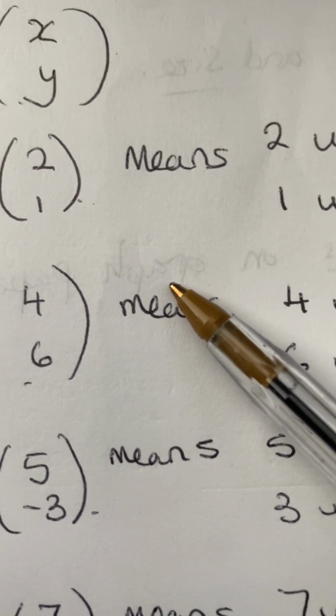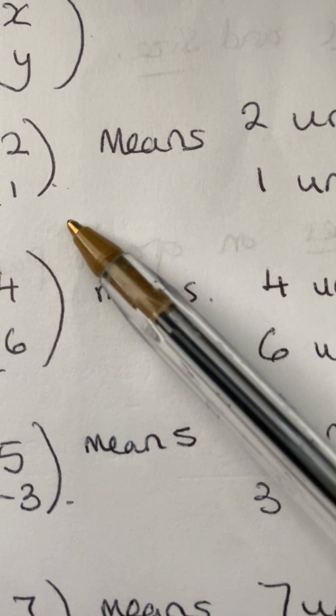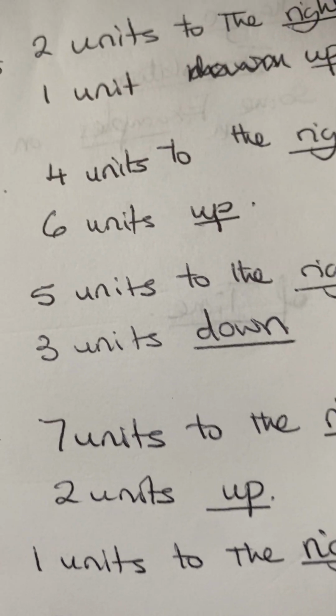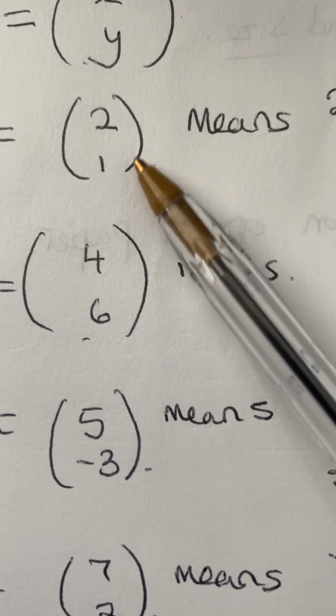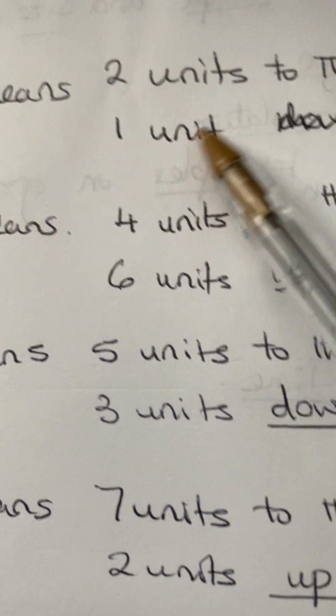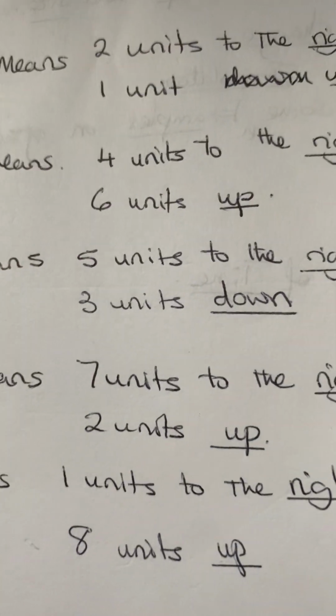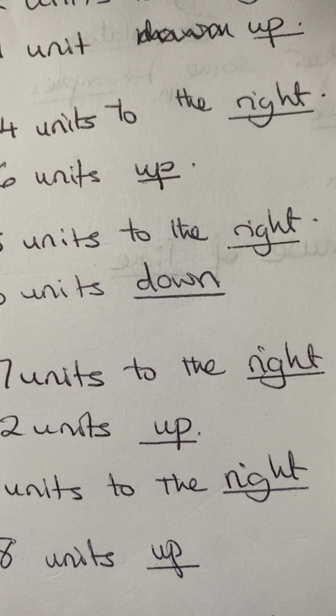In the y-axis, the positive means up and the negative means down. So (2, 1) here in vector form means 2 units right and 1 unit up.